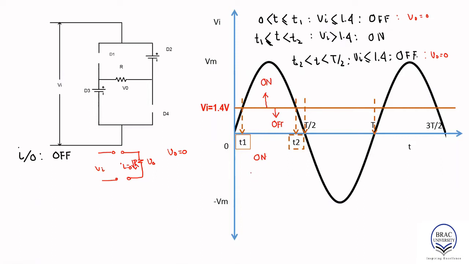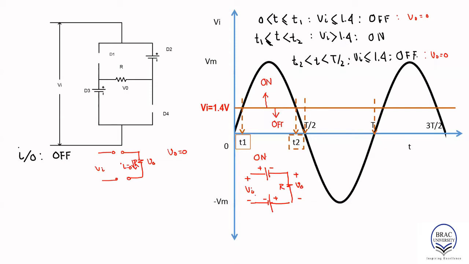So let's redraw the circuit, considering the diode is on. Plus, minus, Vi, plus, minus, plus, minus, and this is R, so V0, plus, minus.